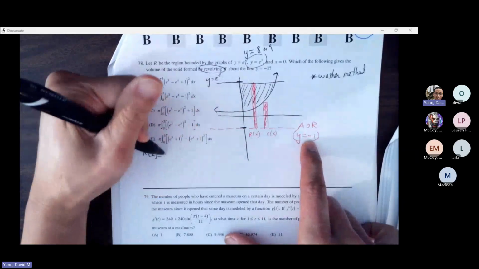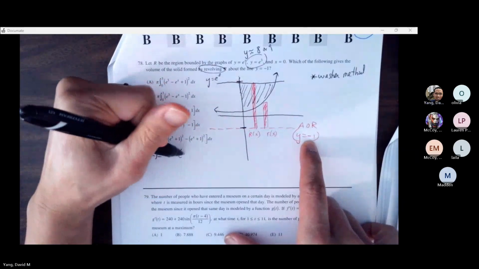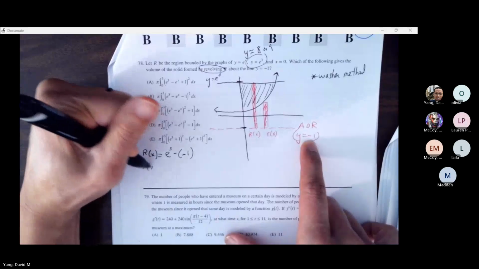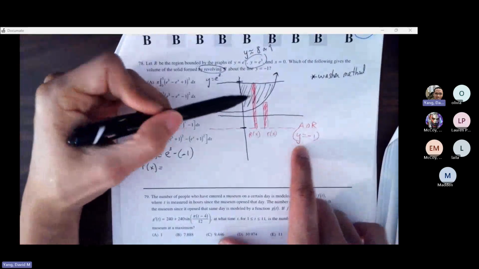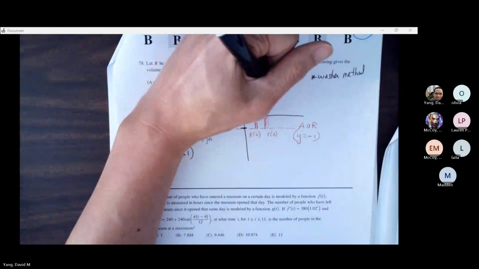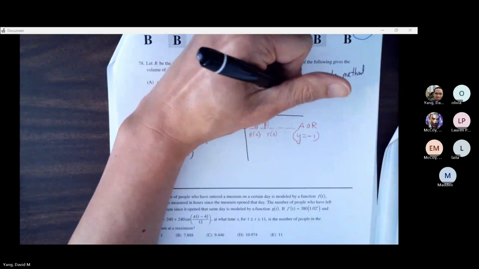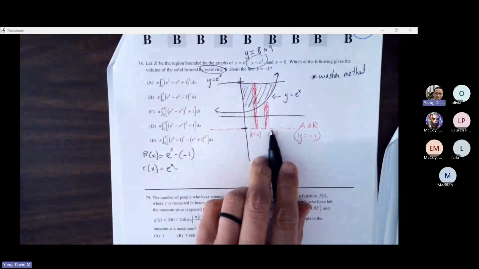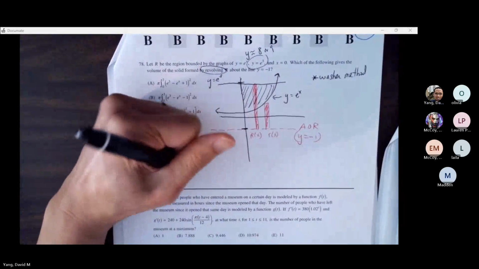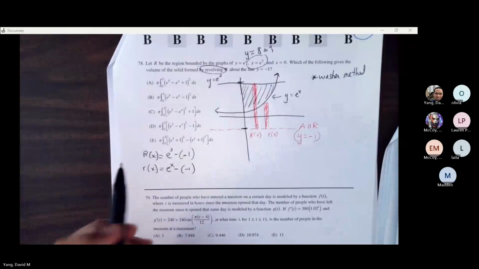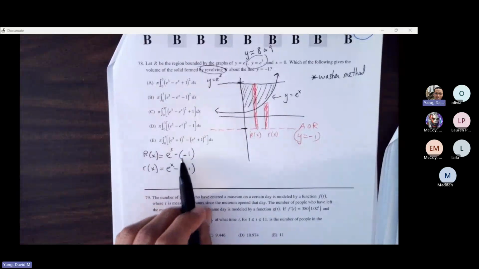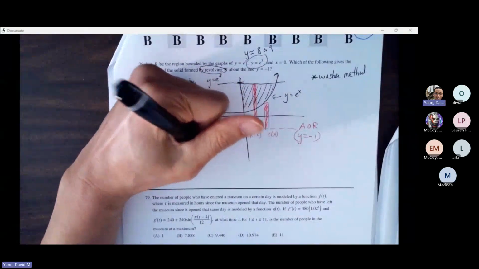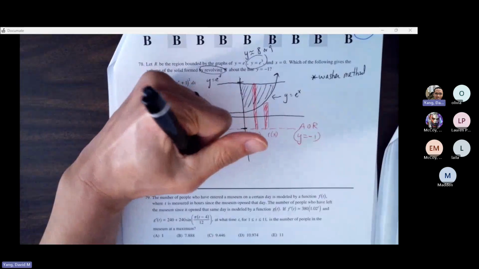So I can just subtract that. Small radius: top is sitting on the e to the x, bottom is sitting at the -1 still. So e cubed plus 1 is my big R, little r is e to the x plus 1.